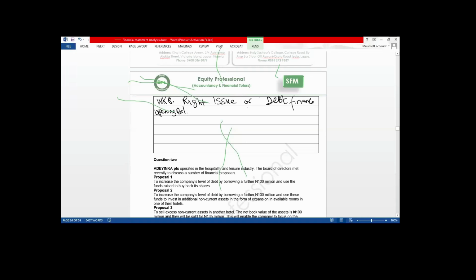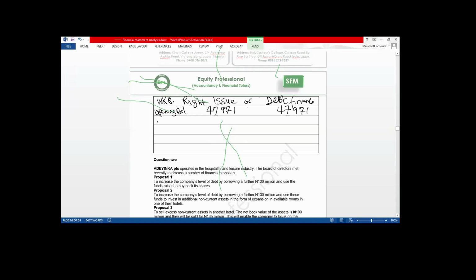The opening balance for 2018 is the closing balance for 2017. That will be 47,971. That is the opening balance of the reserves.